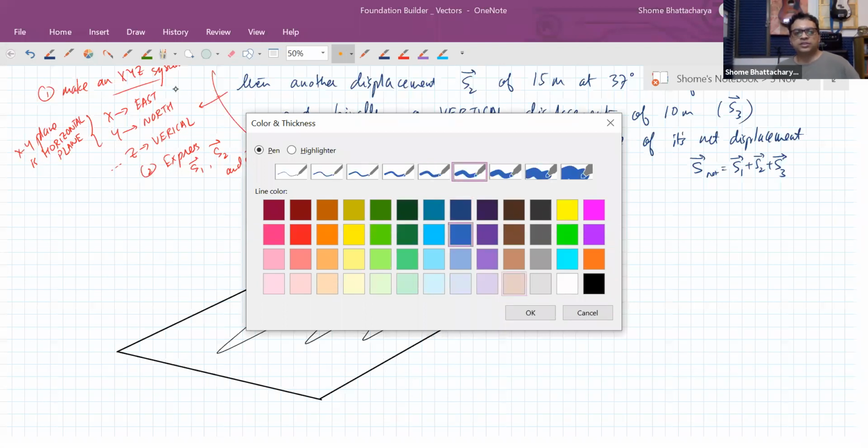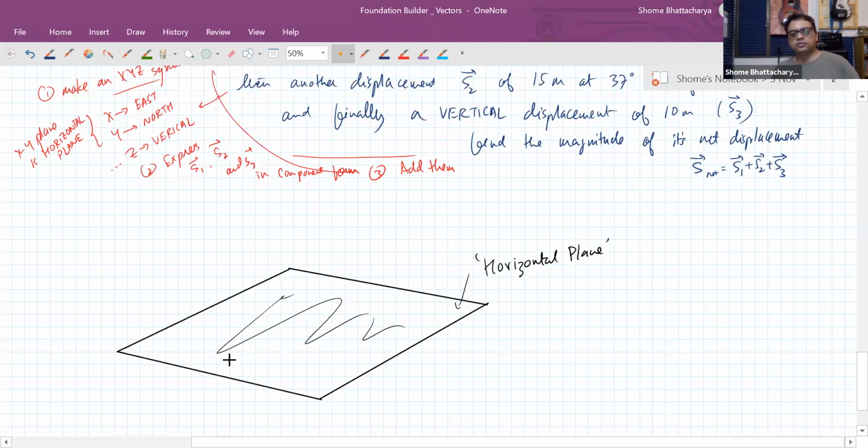And within this plane, I'll just check your answers, just give me a second. This is the axis pointing towards north, and this is the axis pointing towards east. So this is your south to north direction, and this is your west to east direction. So we will define this as our x-axis, and we'll define this as a y-axis.